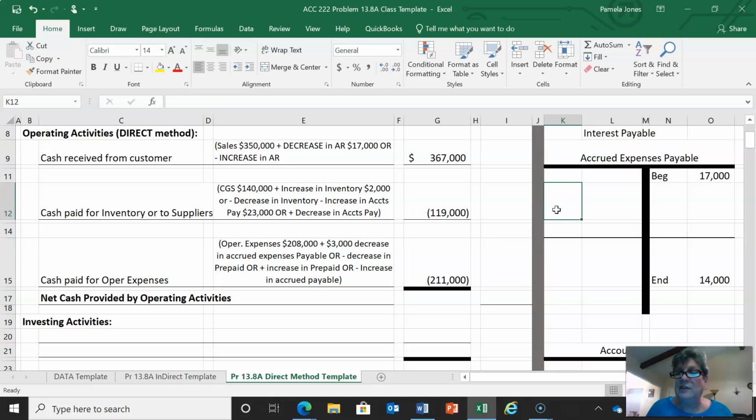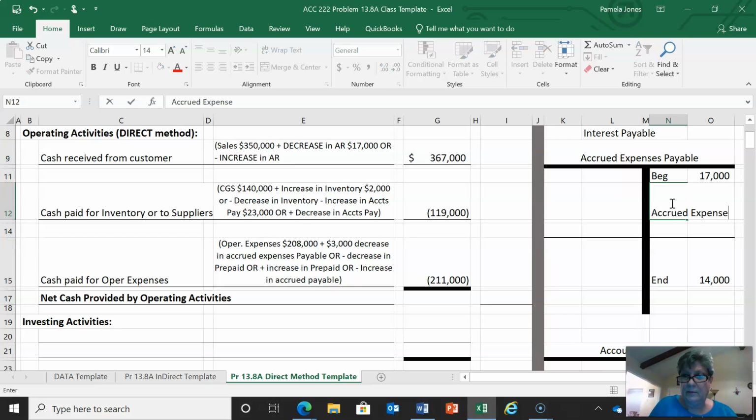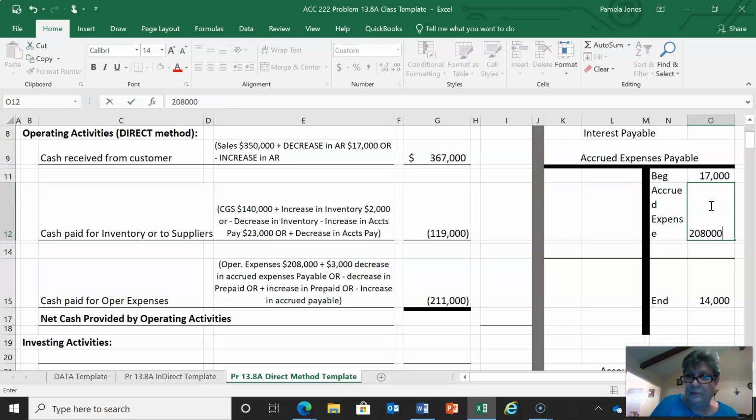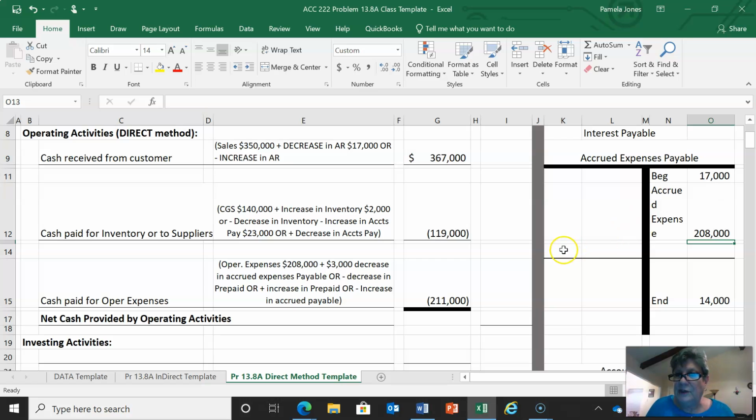The accrued expenses payable account would be increased by the accrued expenses, and we know that the accrued expenses from the income statement was $208,000. So it would be decreased by what we paid, the liabilities that we paid.